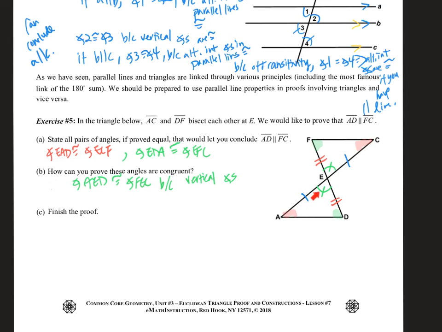So because the side, angle, side are congruent, we know that triangle DEA is going to be congruent to triangle FEC.